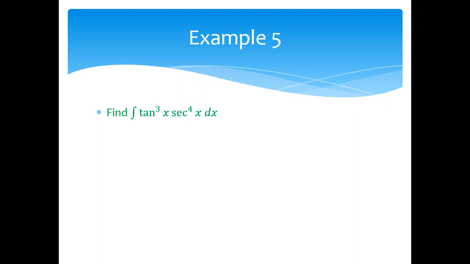We need to remember that every time we have tangent like this, secant squared x is equal to 1 plus tangent squared x. This is an identity that we need to remember every time we are doing this type of problem.